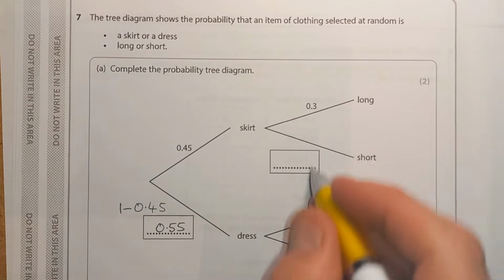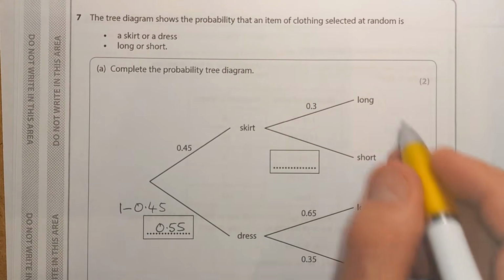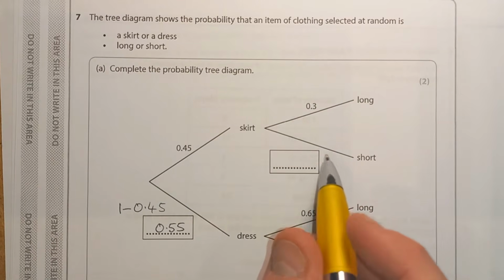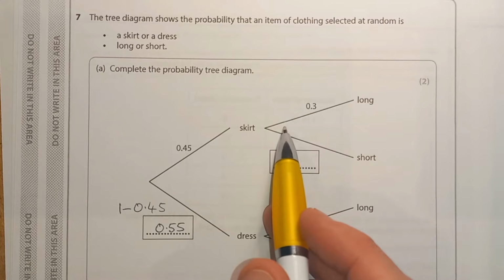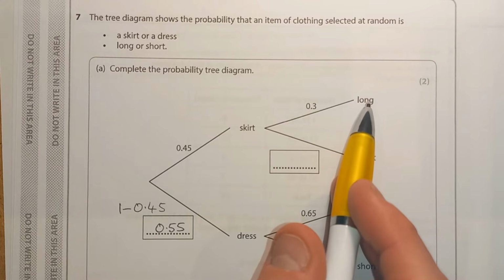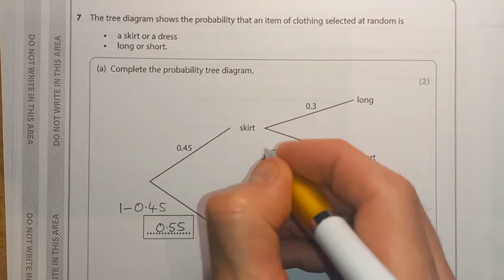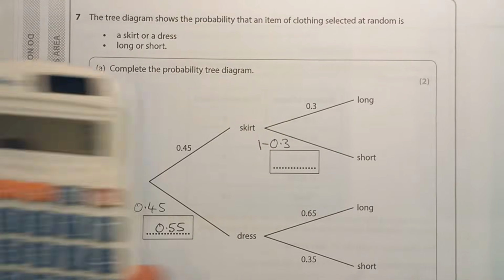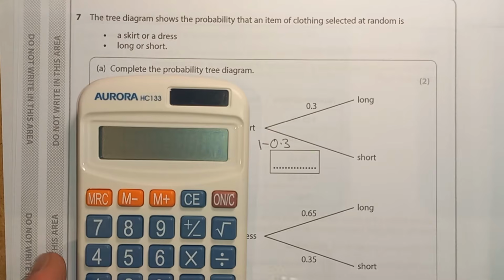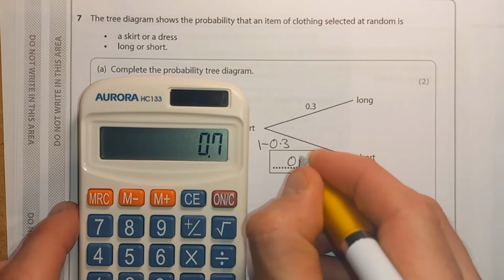Okay. And we can do the same over here. So this is another independent sort of probability. Once we know that it's a skirt that's been picked, there's a 0.3 probability that it's a long skirt. For the short skirt, it's going to be 1 minus 0.3, which is 0.7.